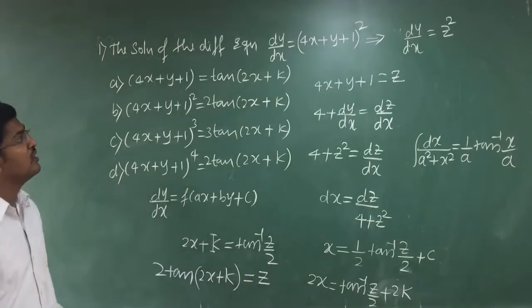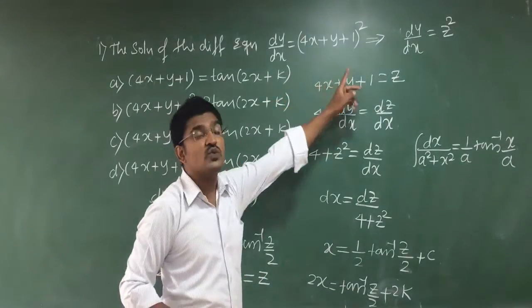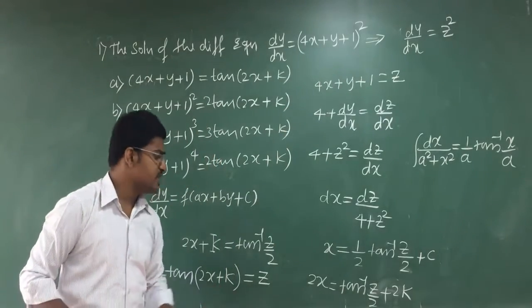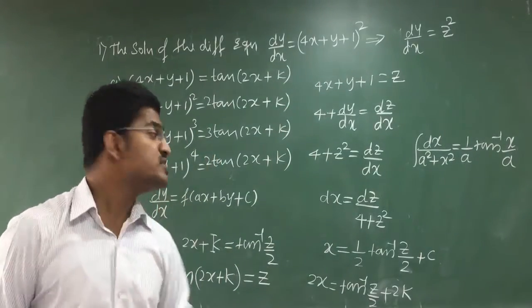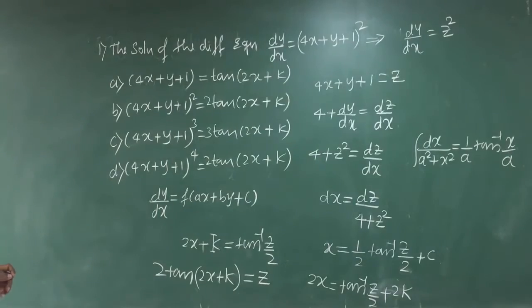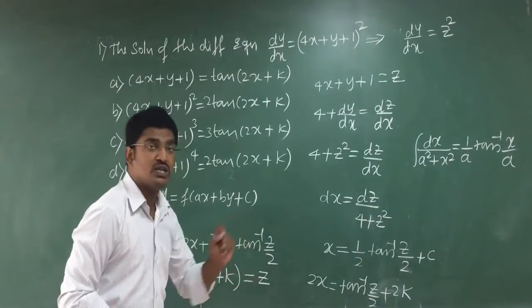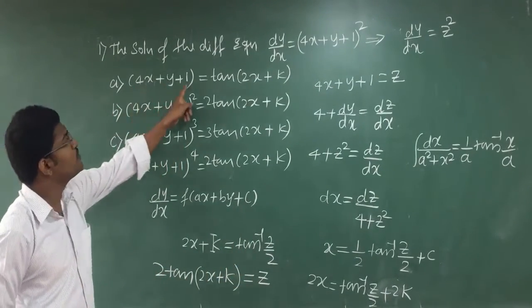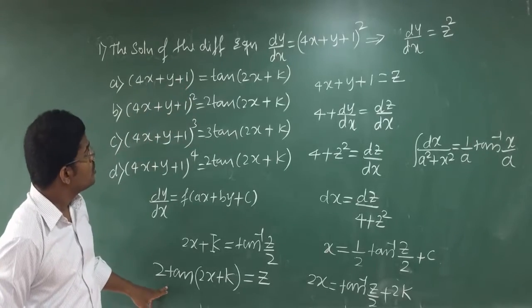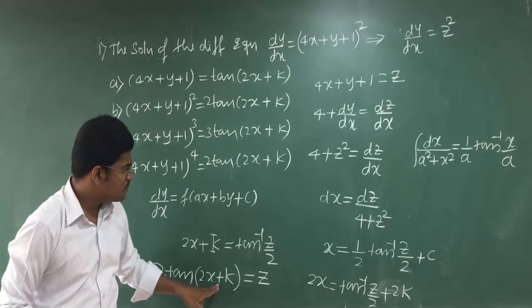Z is what? Z is 4x plus y plus 1. So in the place of z, it will be 4x plus y plus 1. So therefore, what is your answer? On this side you have 2 times tan of 2x plus k.